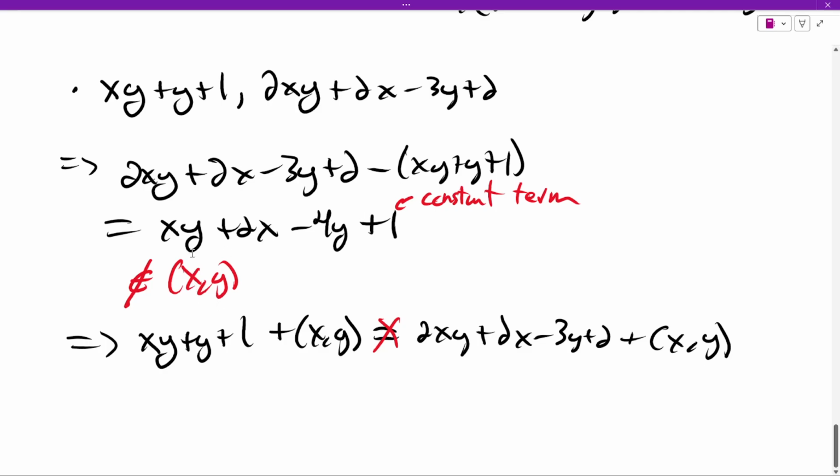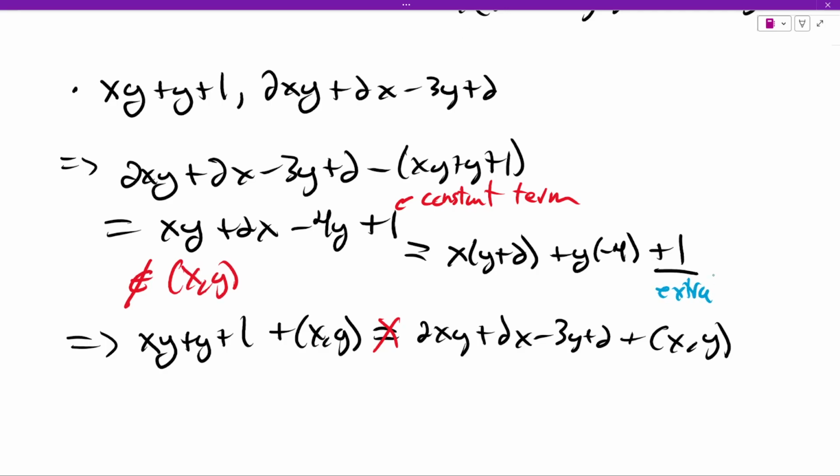And if you're not happy with that explanation, you could try to factor out an x from the first guy, and then try to factor out a y from what's left. But then you have this extra bit that you can't factor out an x or a y from. So you're not going to be able to express it as a linear combination of x and y.